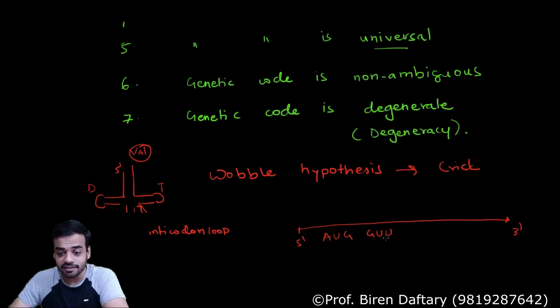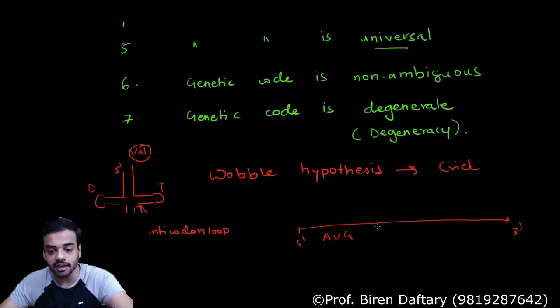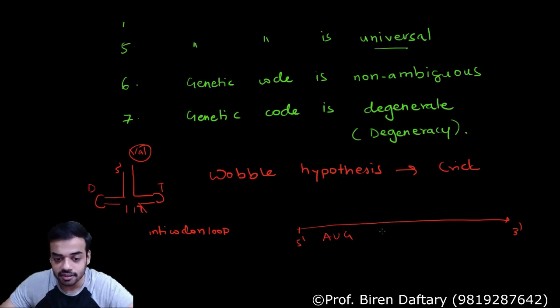Now suppose that instead of GUU, I write the sequence GUA. Can this CAA attach to GUA? If I write CAA over here, there will be a triple bond between C and G, and a double bond between A and U, but the A and A will not bond because they are not complementary.